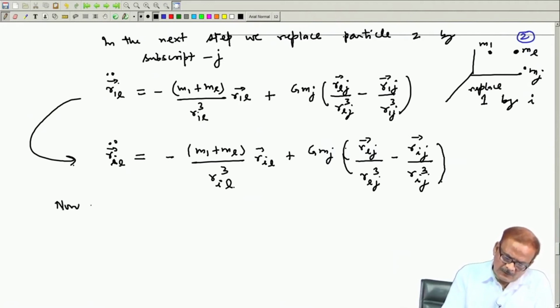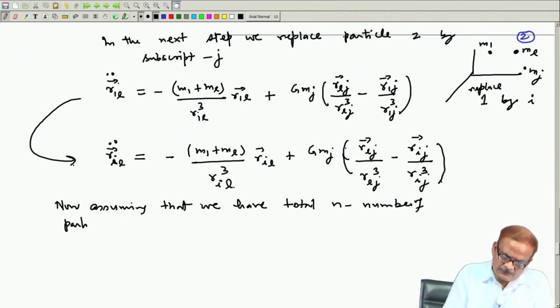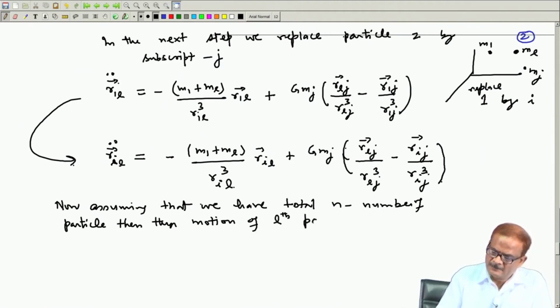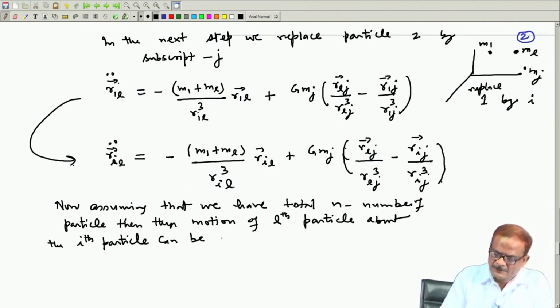Now, assuming that we have a total of n particles, then the motion of the Lth particle about the Ith particle can be written as R I L double dot.